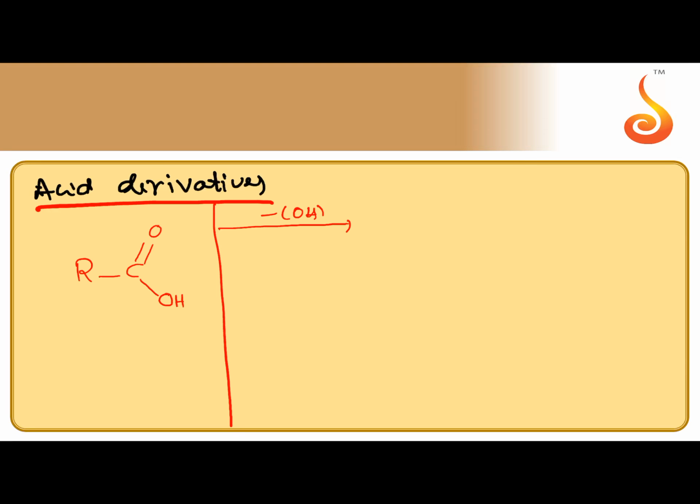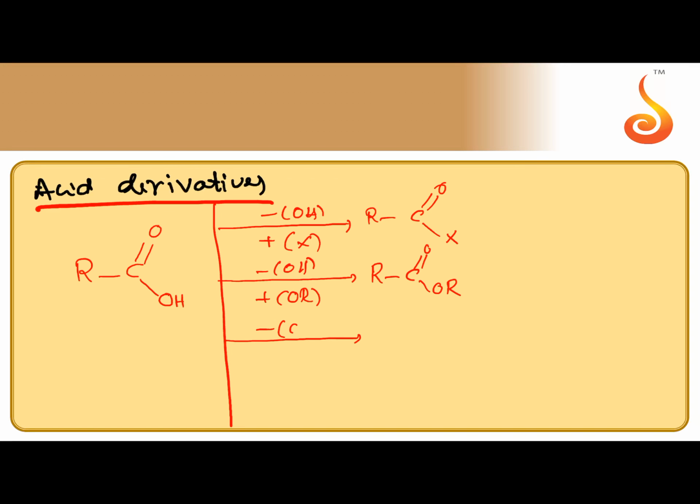This is not the preparation method, just to understand how to get acid derivatives. In place of OH, you put a halogen. Then we get acid halides. In place of OH, if an alkoxy group is attached, we get an ester.